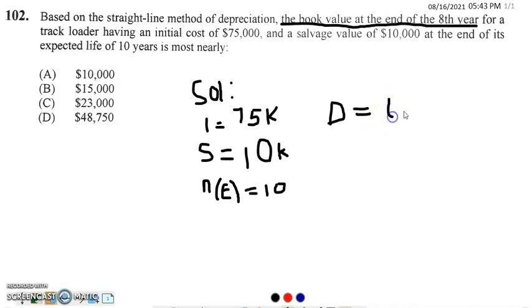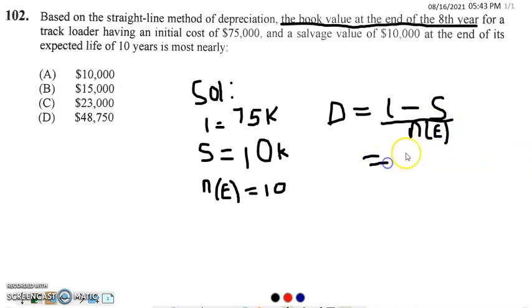So I, initial value, minus the salvage value over the N. Let me call it an E so we all know what we are dealing with.